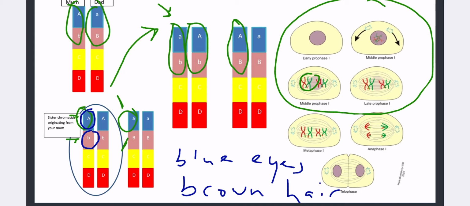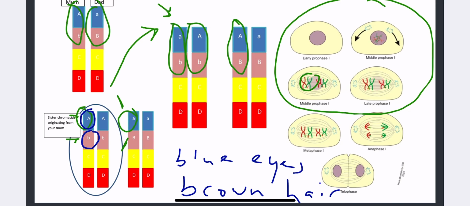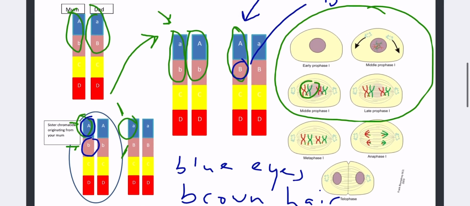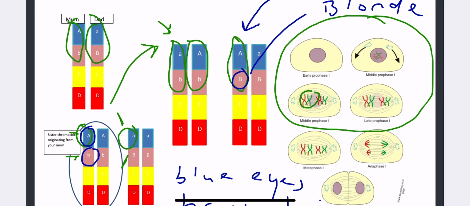This is why I normally use the text feature. Whereas up here now, we've got our blue eyes mixing with, let's say the big B is for blonde hair. So it allows different combinations of traits. So you're mixing up the combinations of alleles.